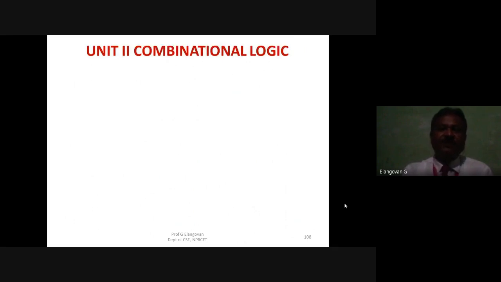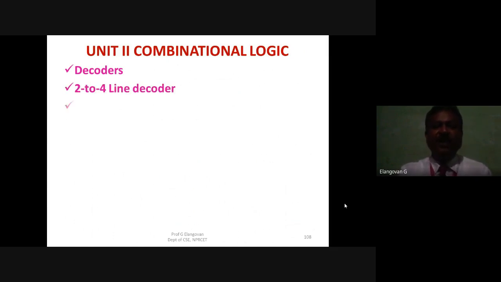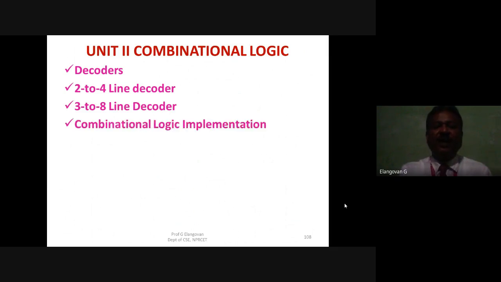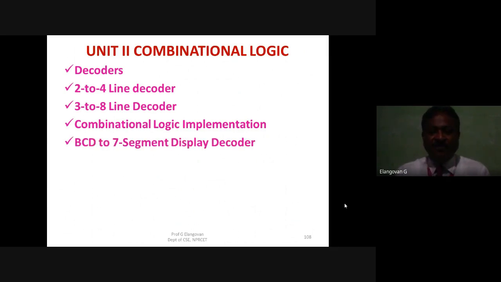So students, in today's video, you understood the decoders with examples of their models: the 2 to 4 line decoder, the 3 to 8, how to design the higher version decoders from the lower version, how to implement combinational logic from the decoders, and BCD to 7 segment display drivers.